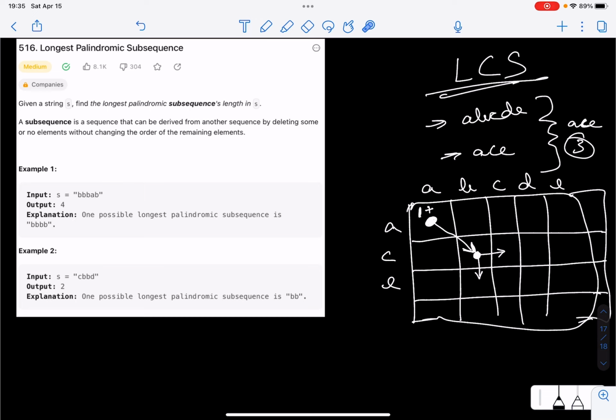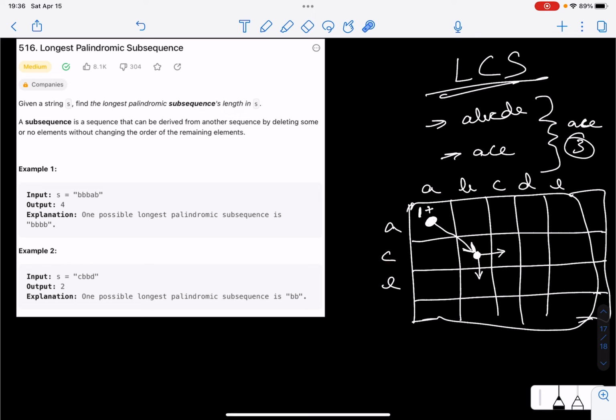The reason we are doing it like this is since these two strings are not equal, we want to find some other possibilities. In one scenario we include this B over here and we exclude this C over here, and in the other case we exclude B over here and include C over here.